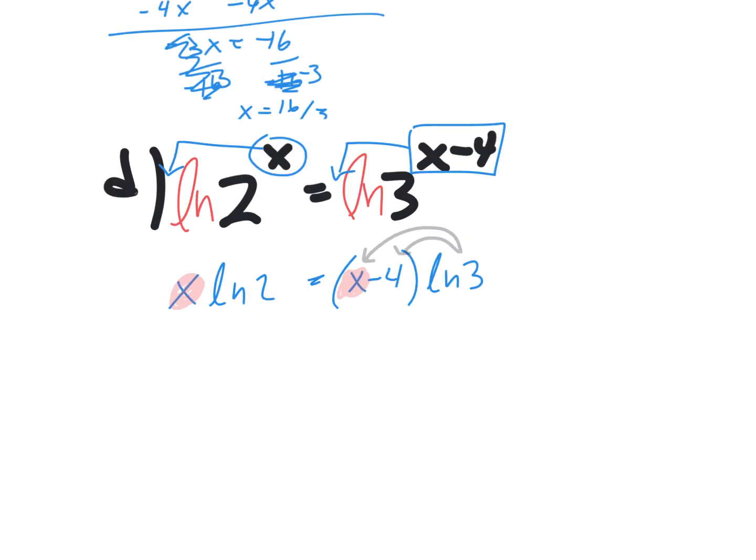Pausing again. Okay, so here's what you're supposed to be able to do. That's just a number, ln 3. It's like 17. It's just a number. Okay, so we're multiplying that number in times both of those things. And I'm going to times it by the x, and you always put a number first before an x, right? So ln 3 is just a number times x.